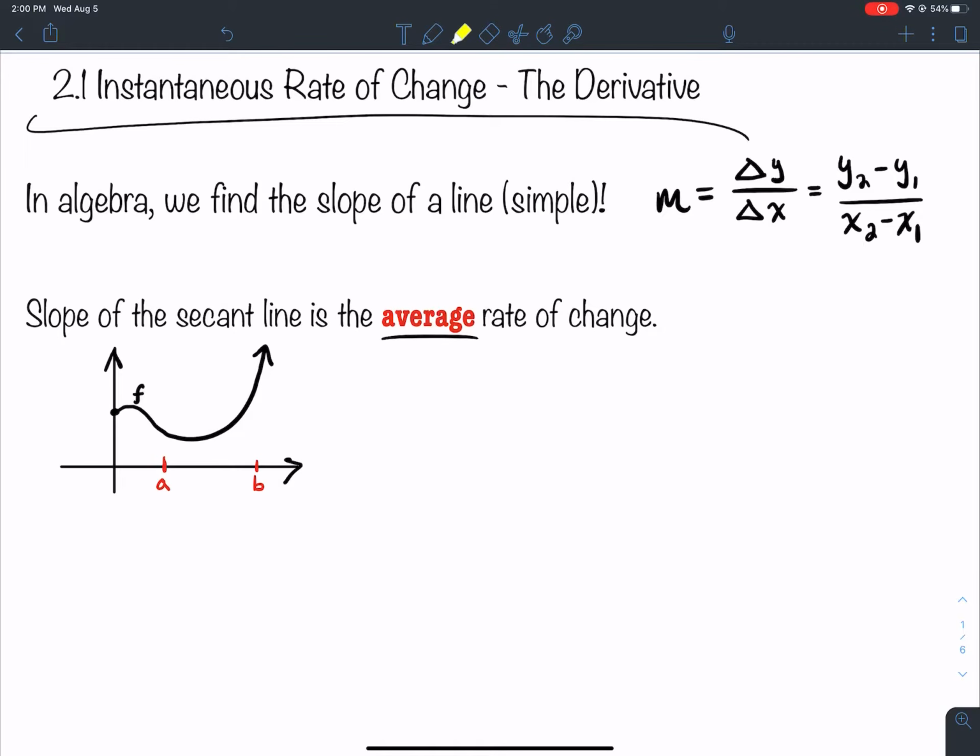Okay, so how do I find the average rate of change over some given interval? Say I have 2 points, x1 and y1. To get the slope, I draw a line through those 2 points, and then I make a right triangle. I figure out the vertical distance, the y displacement. I figure out the horizontal distance, the x displacement. And now I have those two values.